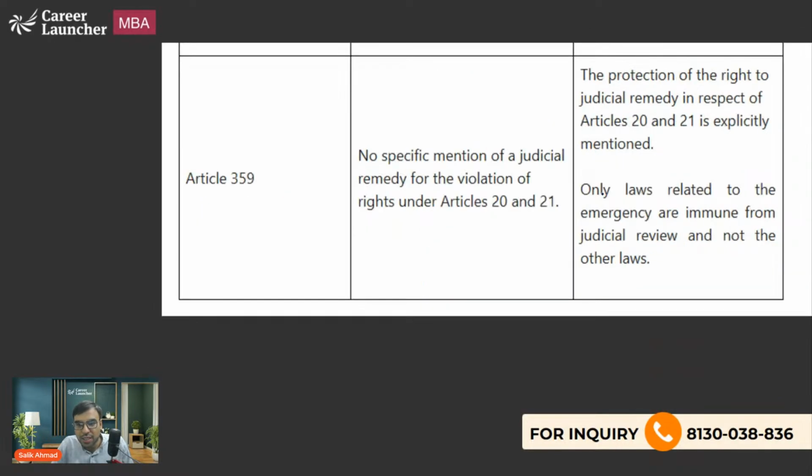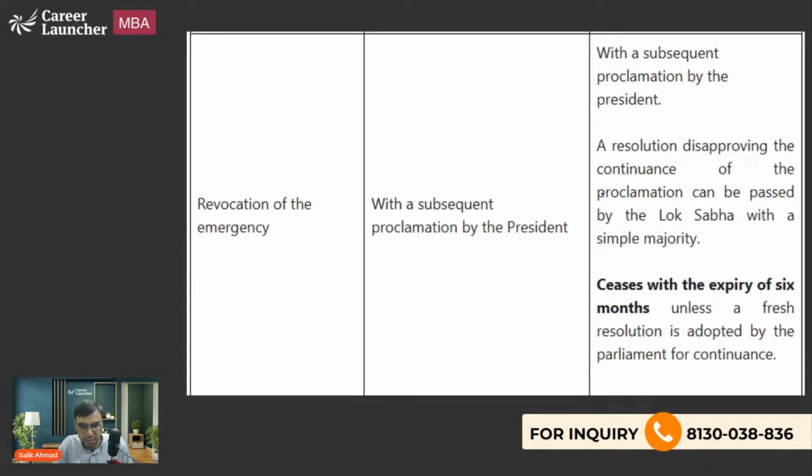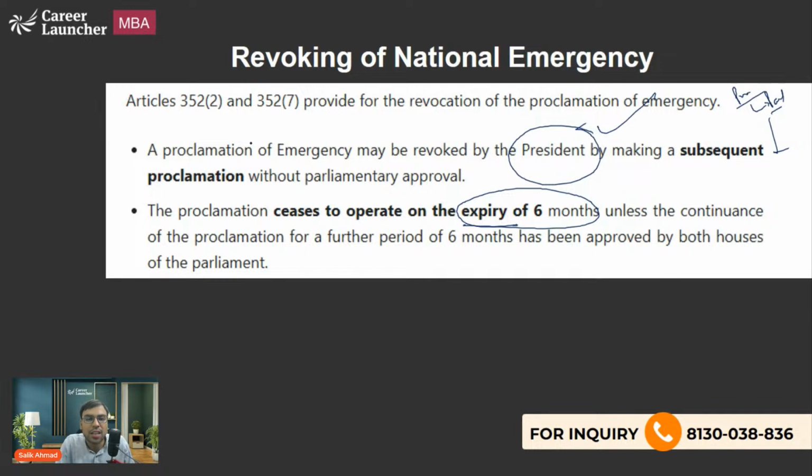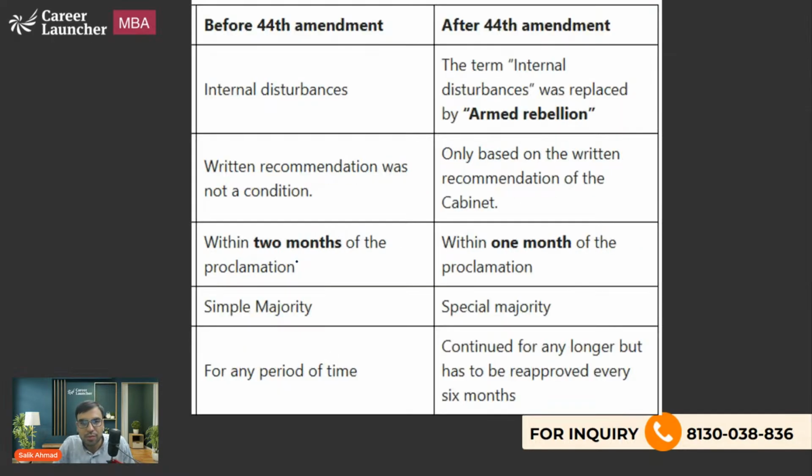There's one more way of stopping this, and that is if the Lok Sabha passes a resolution in this regard. Then also, of course, the emergency can be revoked.